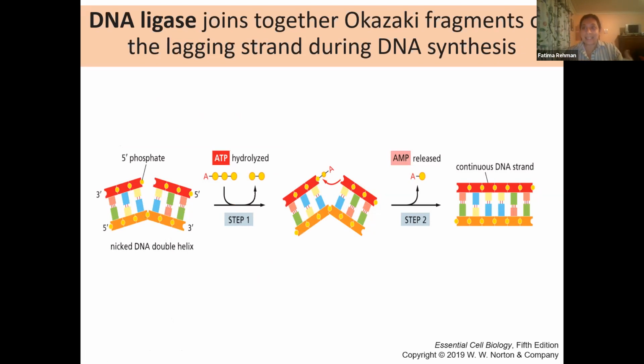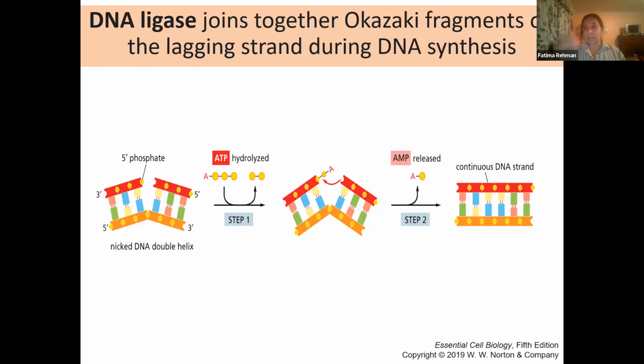However, it still needs energy input to make that bond. Before, we took that energy from the incoming nucleoside, which came in as a triphosphate, so you could use 2 of those phosphates. In this case, you don't have any nucleoside coming in to be part of the DNA itself, but you have ATP, right? You have adenosine triphosphate.